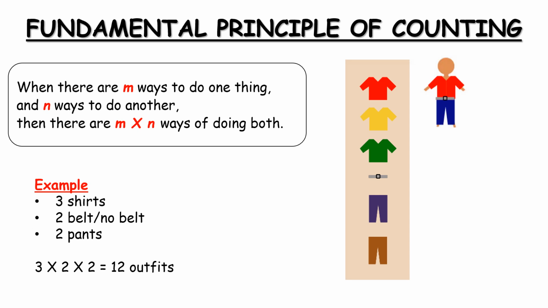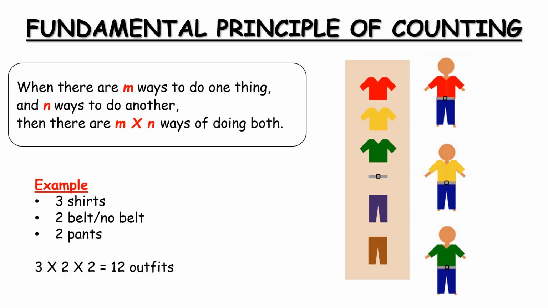So for example, I could put my blue jeans with a belt and a red shirt. I could do the blue jeans, the belt with the yellow shirt, and the blue jeans, the belt and the green shirt. And if I kept going looking at all my different outfits, there would be 12. So this simplifies down to, here we have multiple things happening, and we want that word and, A-N-D, to represent a multiplication in maths.